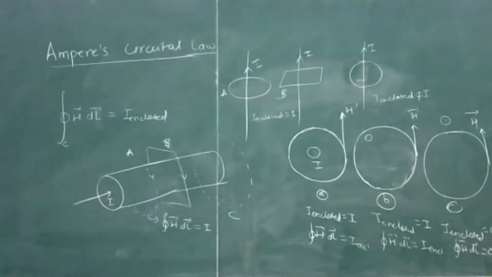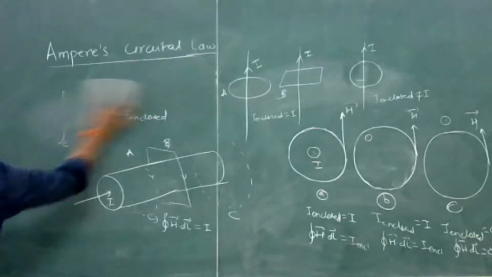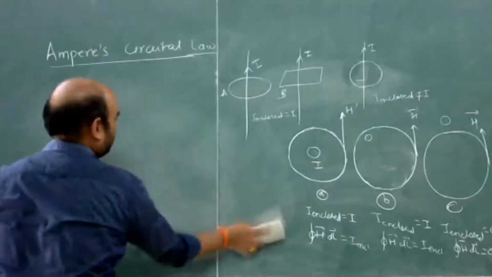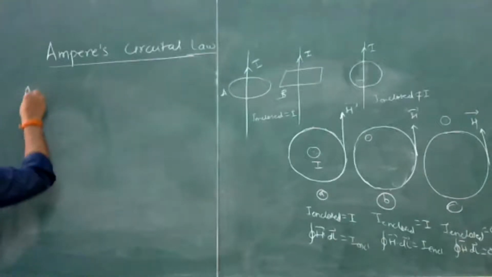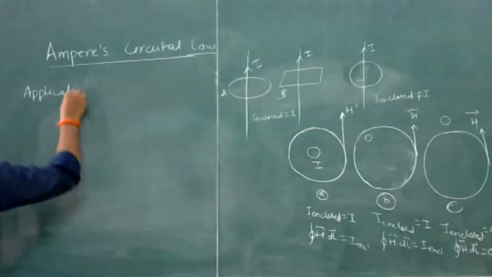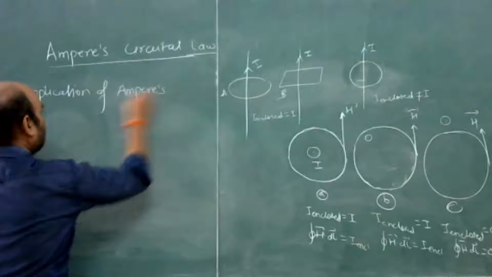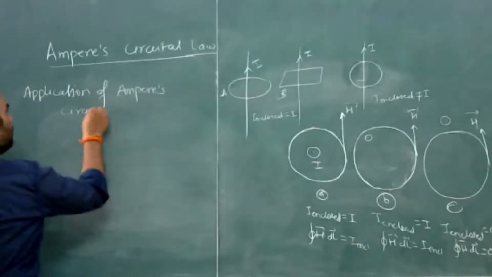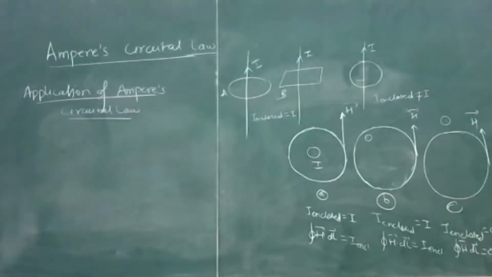So now we will see some applications of this Ampere circuital law. First is the infinite line current.